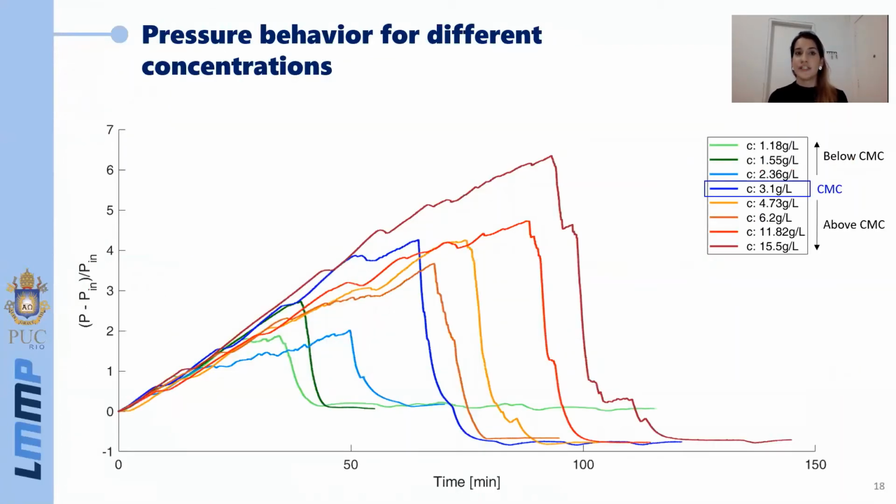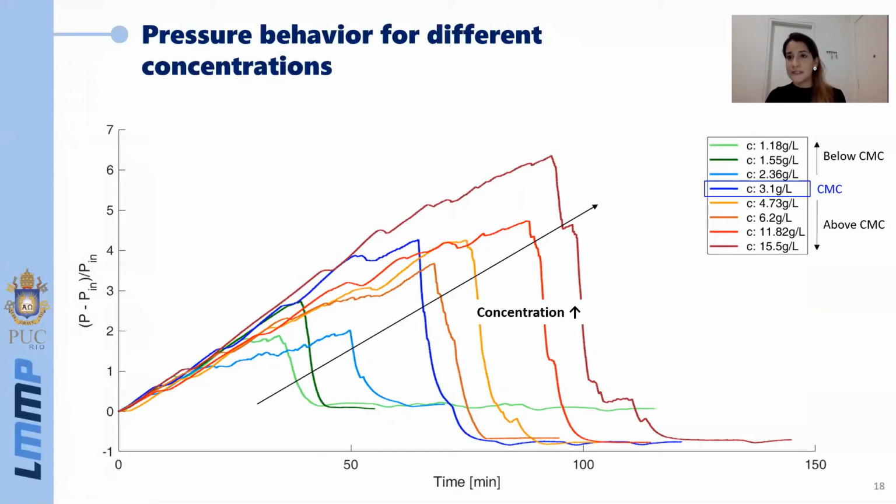Changing the concentrations, we can see the pressure behavior. When we are below CMC, this case here, we have lower values for the pressure. And when we are above the CMC, we have higher values for the pressure. So when we increase concentration, we are also increasing the pressure.